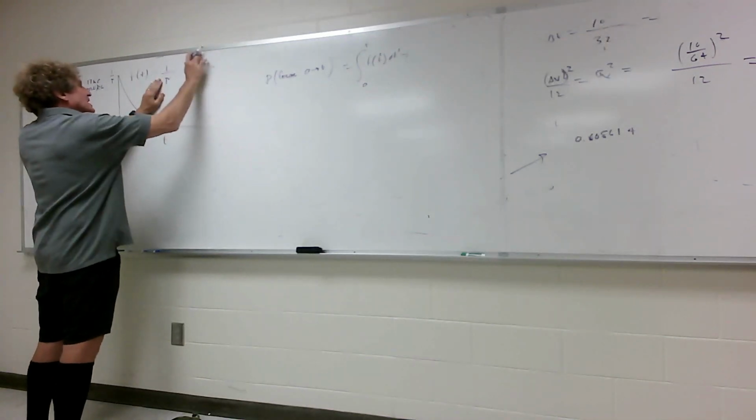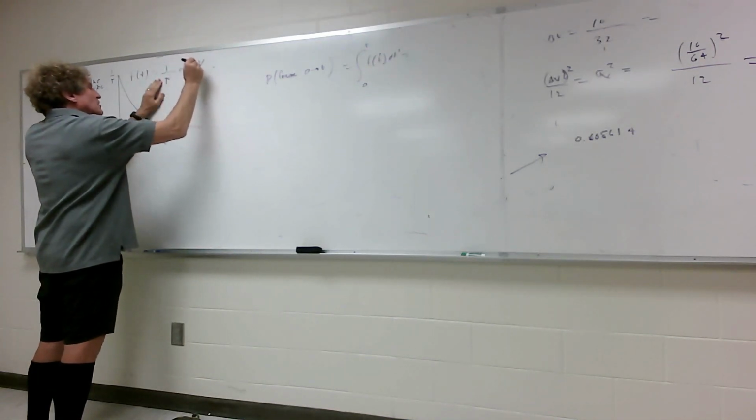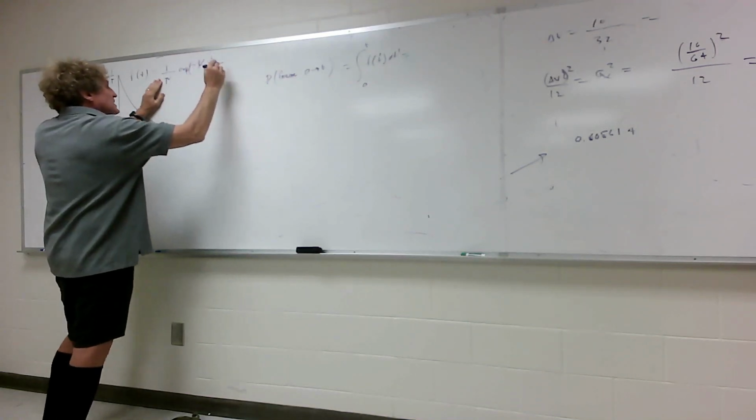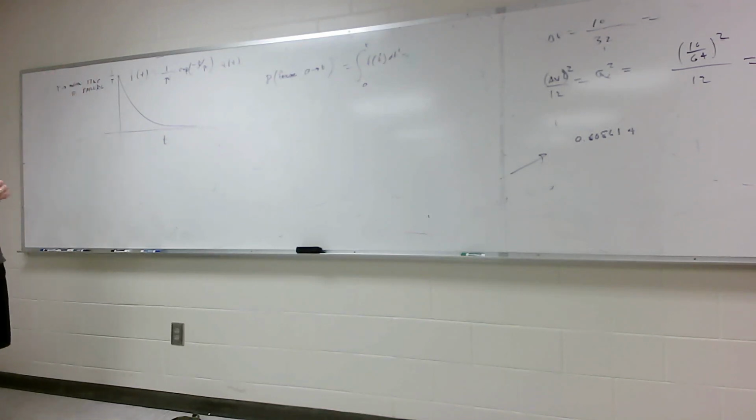I can write down the whole thing. It's going to be exp to the minus t over tau, times u of t. So this is only good for t greater than 0 for this function. But we're going to extend it so we can apply this to all manner of things where the likelihood of something failing is given by this.